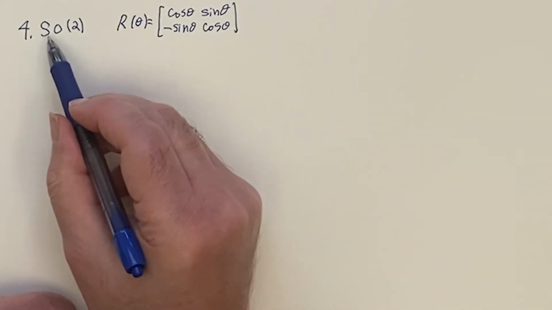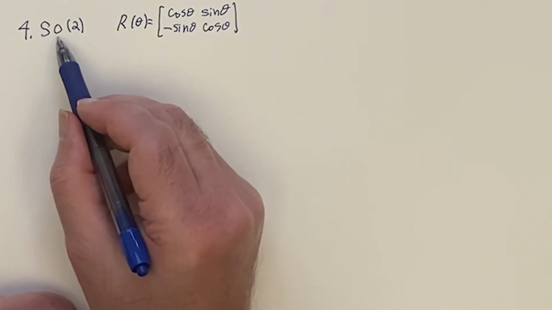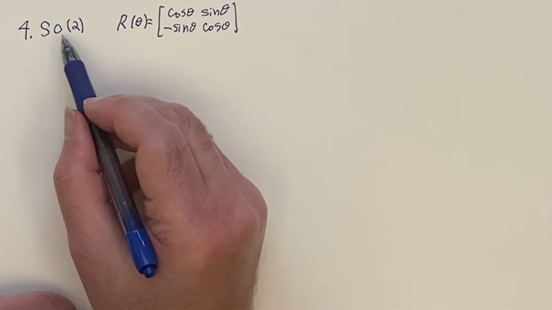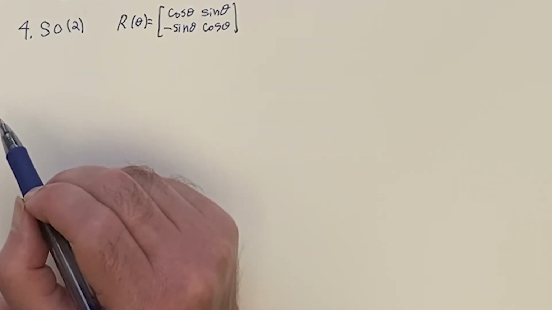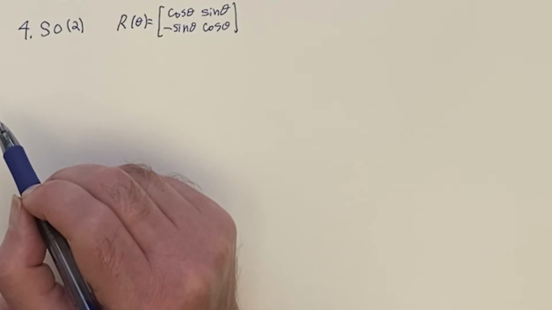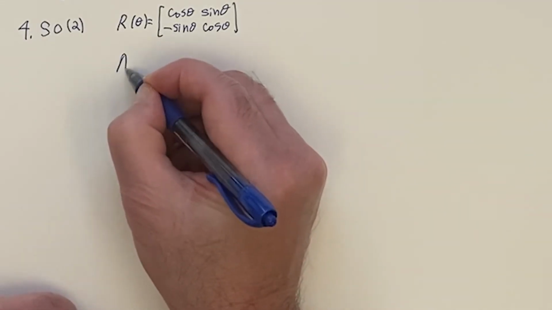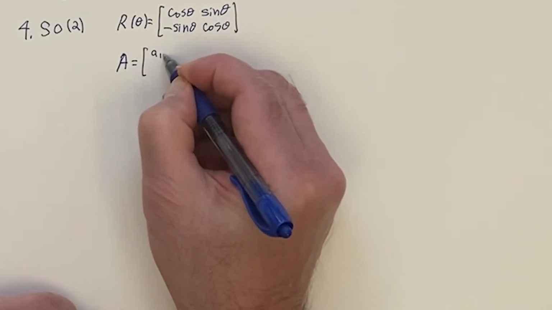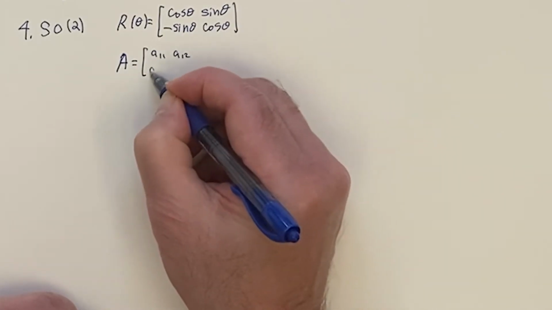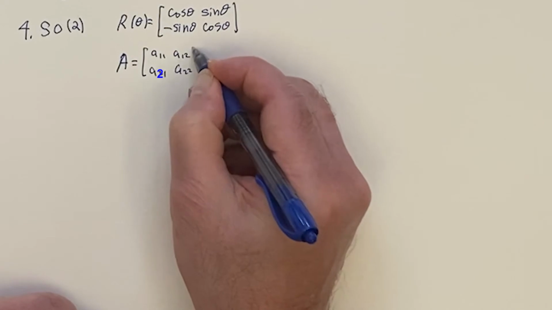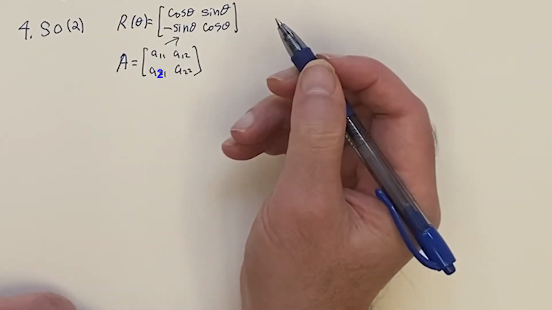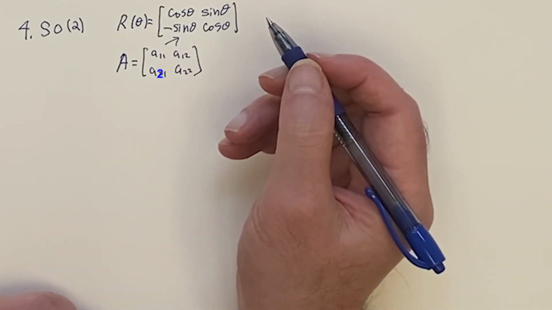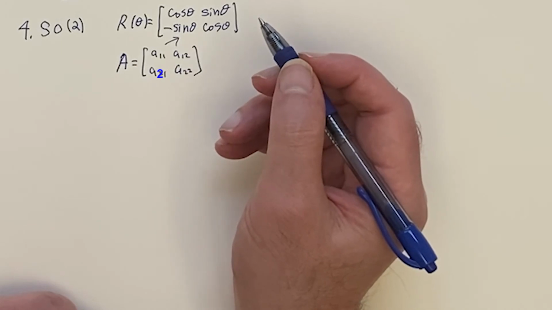And this is special orthogonal matrices. That's what that stands for. We could think of them also as the matrix A11, A12, A21, A22, same thing. And what does orthogonal mean? So let's look at what that means.